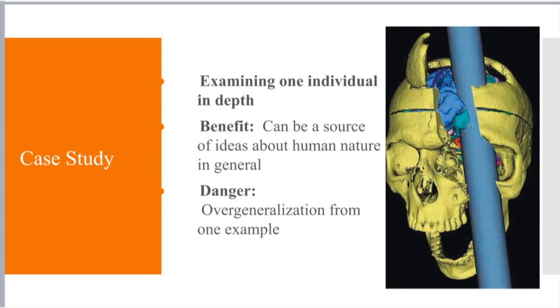The first example of a descriptive research practice that we're going to look at is a case study. This is when we examine one individual in depth. The image on this slide is a real life accident that happened to a man named Phineas Gage. We're going to watch a short video clip on his story.